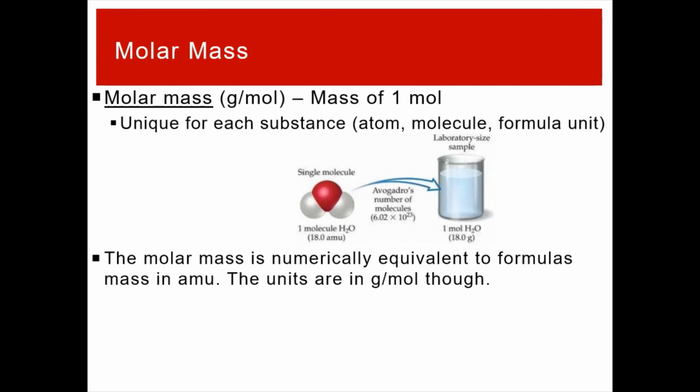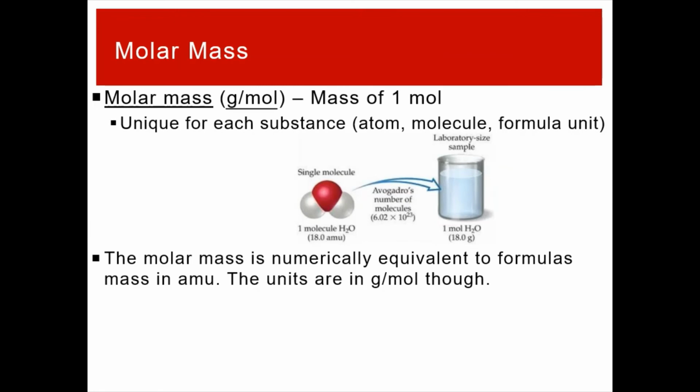So we quantify this mass of a mole by what's called the molar mass, which is defined as the mass of 1 mole of a substance. The units that we see on that are going to be grams per mole. With the formula mass, we just reported AMU because we were looking at the mass of 1 molecule. That was kind of defined.